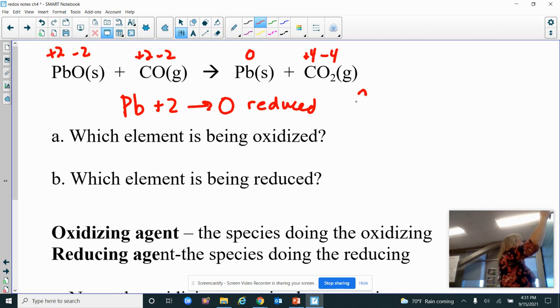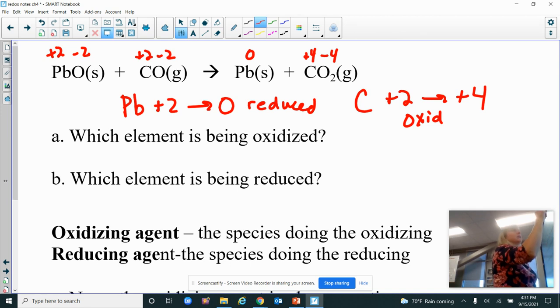Whereas the carbon is +2 on the reactant side, but it's +4 on the product side. So it's being oxidized because it's getting more positive. Okay, so this one was getting less positive or more negative. This one's getting more positive.